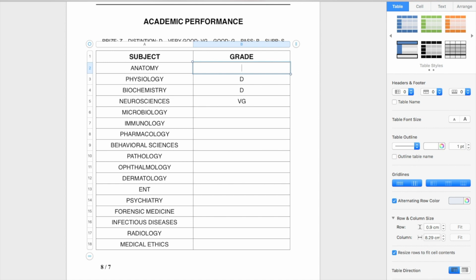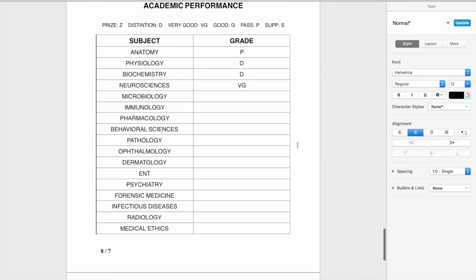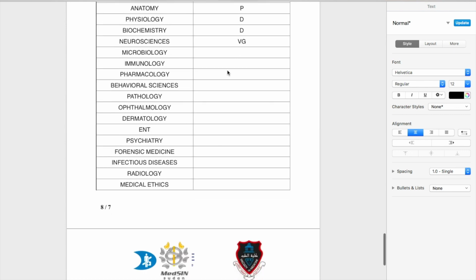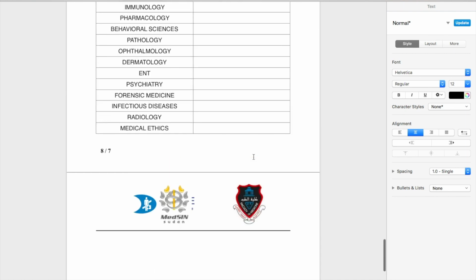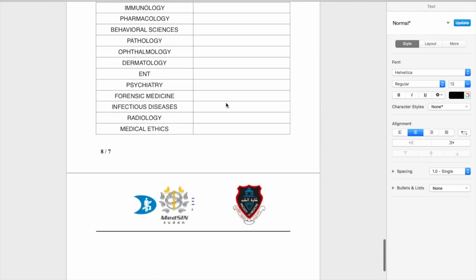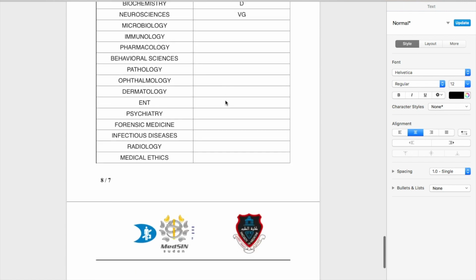So don't lie, just type in the grade that you got and hopefully everything will work out. Don't type in any false information anywhere. And if you didn't take these subjects, just leave it blank and type in the grades of the subjects that you've already taken.